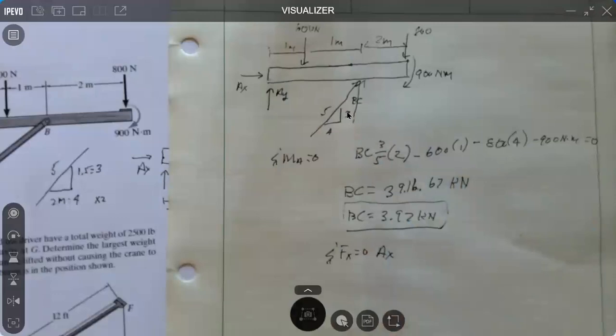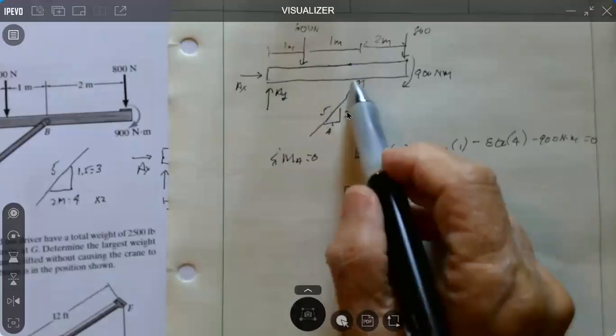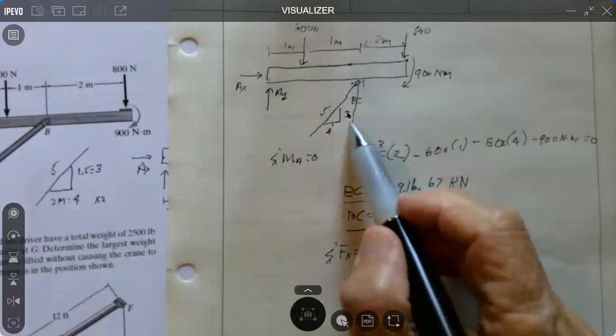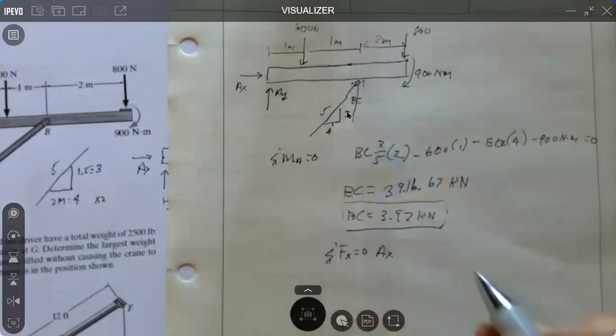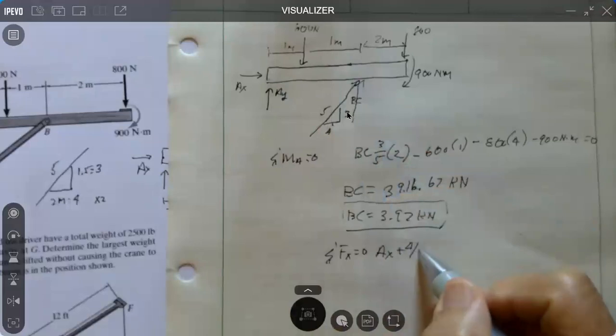And then you have the X component of the strut passing through here. The X component of the strut is going to be 4/5 of BC.